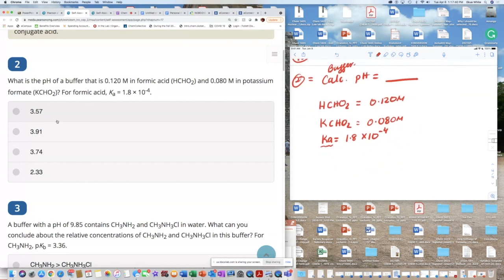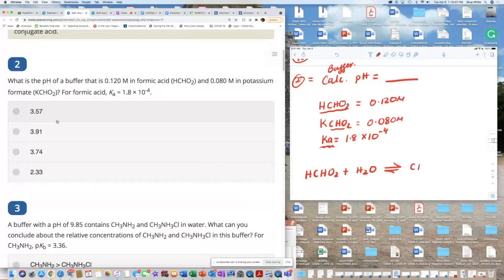Since they have Ka here, I'm going to write my acid equilibrium first and then add the potassium formate. This is my weak acid. I'm going to write HCHO2 plus water, and this is my weak acid situation, so I have an equilibrium arrow.